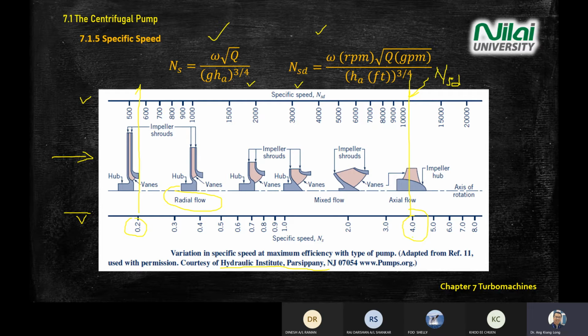This value is the same as the bottom. Top and bottom are actually the same. Then you will be hitting an axial flow diagram. So the system that you recommend for your company is an axial flow pump and not a radial flow pump. Quite direct.